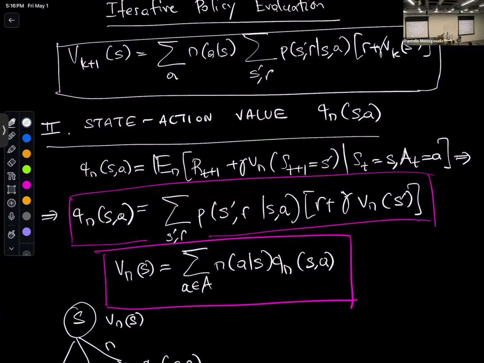Remember, the state value is an average. But if you have the Q value, which is the state and the action, it is far more immediate. That's why I called it more informative as a quantity. Obviously, it requires more stuff to compute it, because it has the action or the composition there.